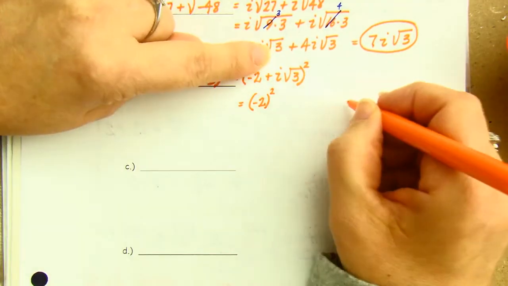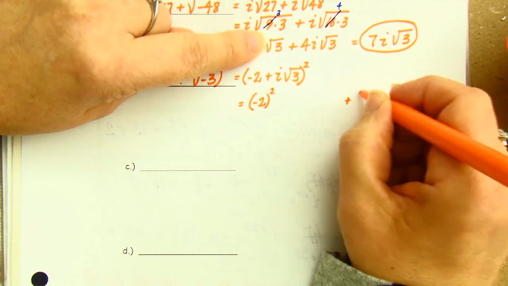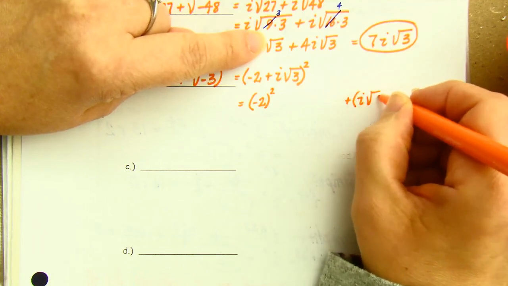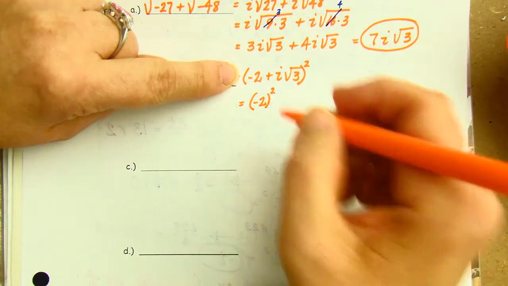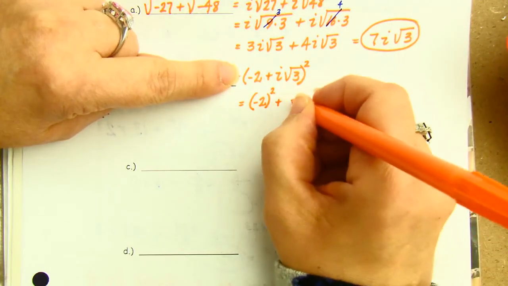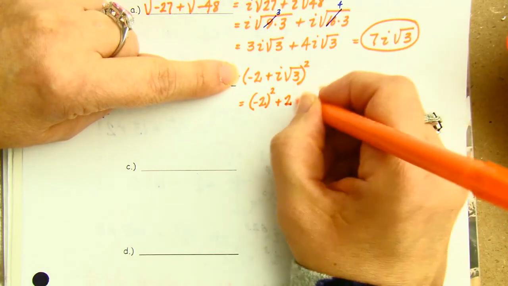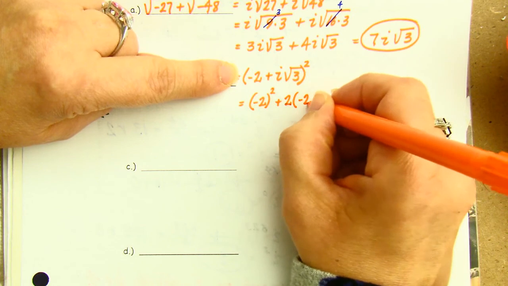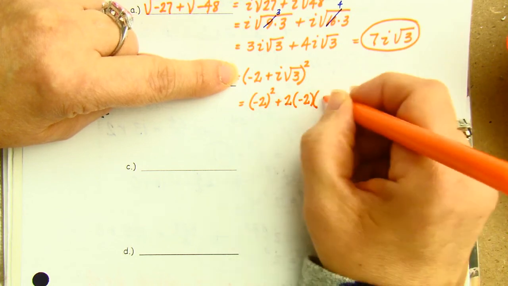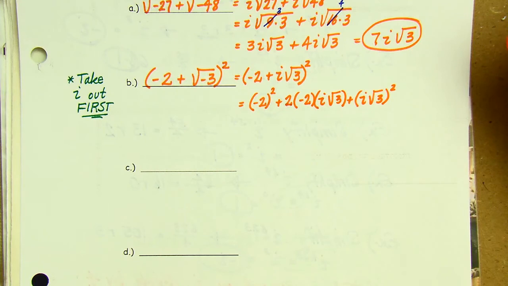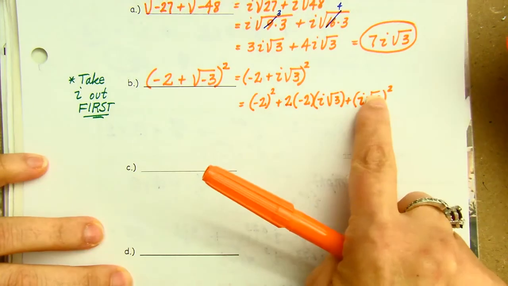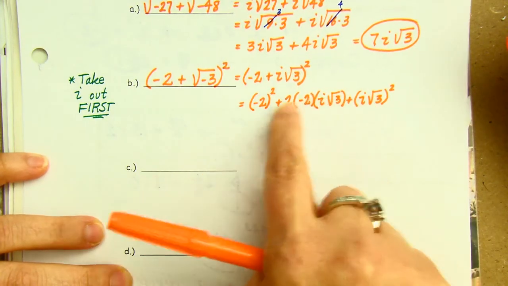On the end, I'm going to write plus i root 3 squared. Then it's first times second, then double in the middle, so I'm going to do plus 2 times negative 2 times i root 3. Okay? You could FOIL, but it's more work. Square it, multiply them, then double.